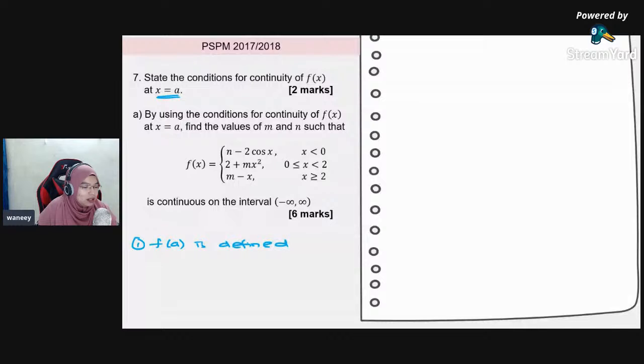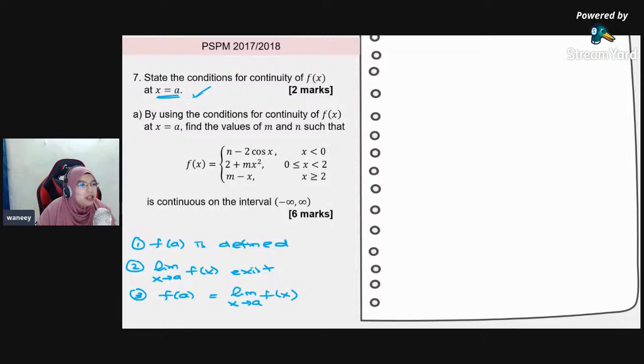Jangan pakai FC ke apa ke. The second one, the limit for x approaches A for fx exists. And the third condition will be the value for FA need to be equal to the limit of x approaches A for fx. So yang ini adalah dia punya condition lah, yang 2 markah ni.